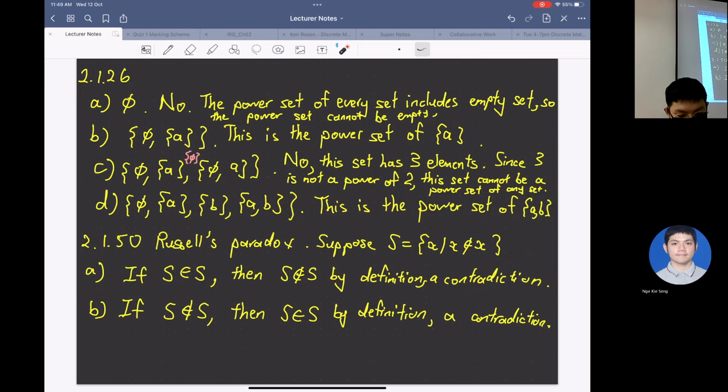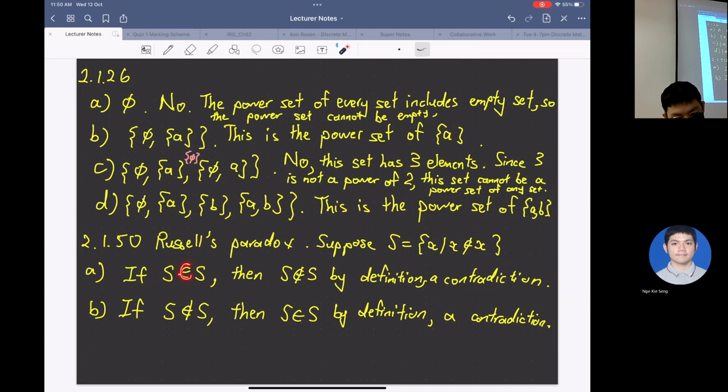2.1.50. This one is Russell's paradox, a very famous one. So suppose X is a set such that the condition is that the element does not belong to itself. Yeah, a very weird condition here.